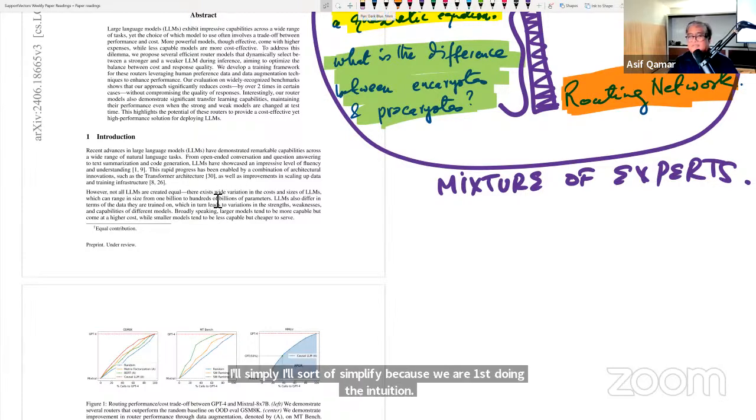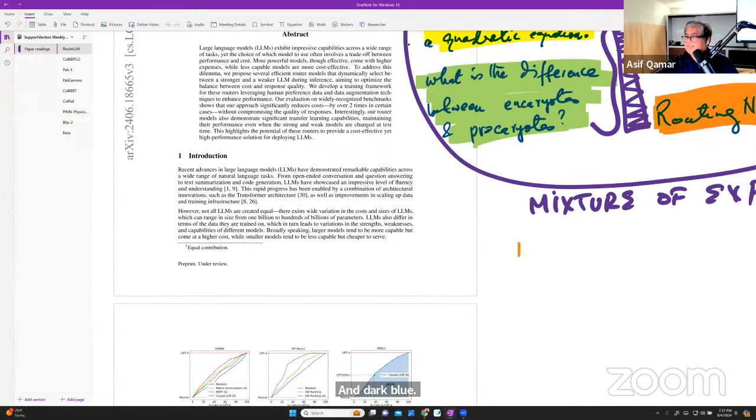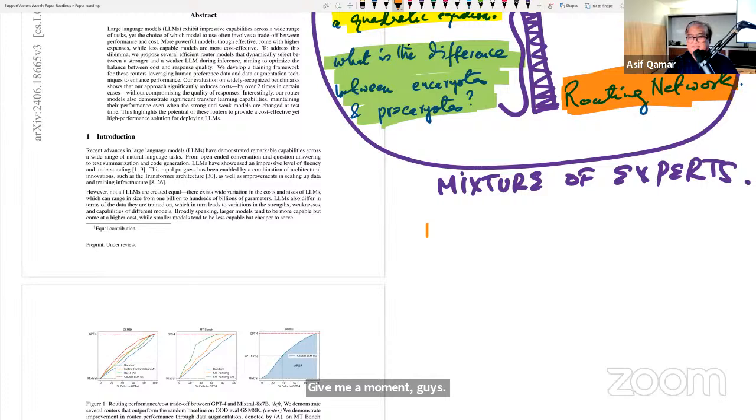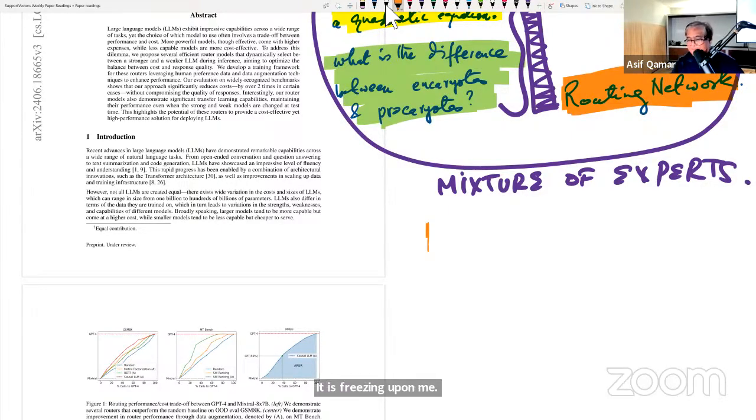Why am I not able to pen dark blue? Give me a moment, guys. This OneNote is freezing up on me. All right, I'll just use this color. No, this is terrible.